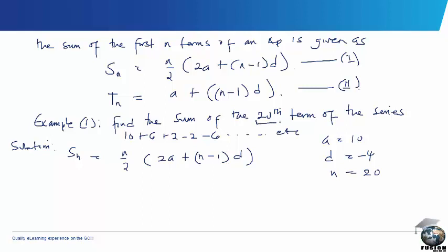Remember, you're told to find for the first 20 terms, and so X20 is equal to 20 over 2 in the bracket of 2 times a, which is 10, plus n minus 1, 20 minus 1, times the difference minus 4.